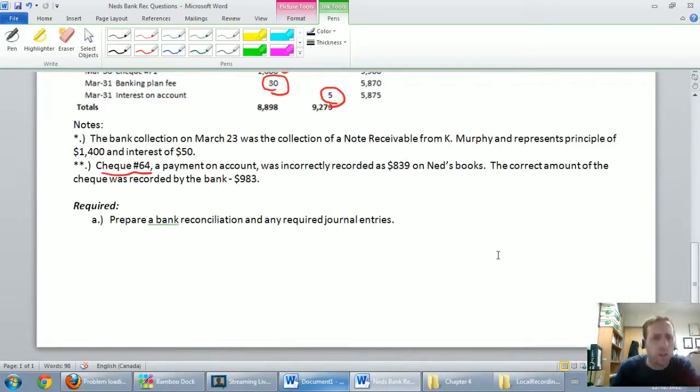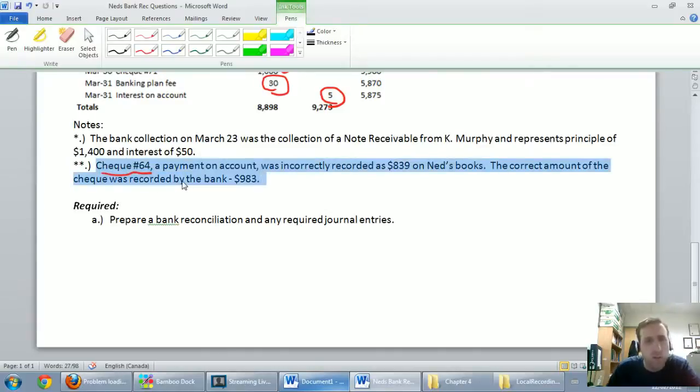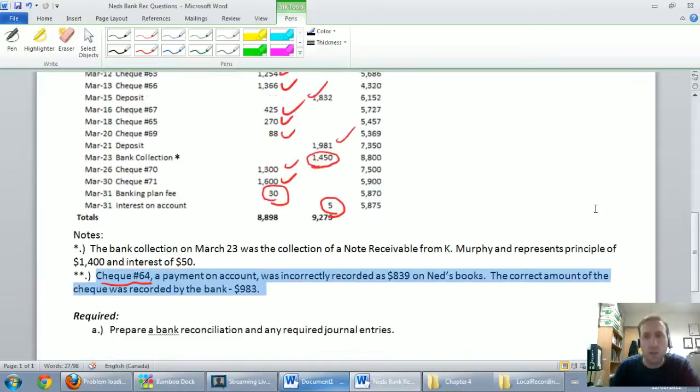So that check 64, I have it underlined in red there, the 2 asterisks item. It says a payment on account was incorrectly recorded as 839 on Ned's books. In other words, our accountant recorded credit cash 839. The correct amount of the check was recorded by the bank, 983.